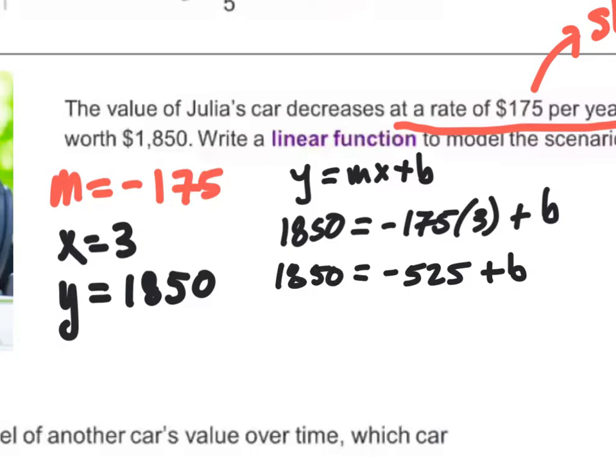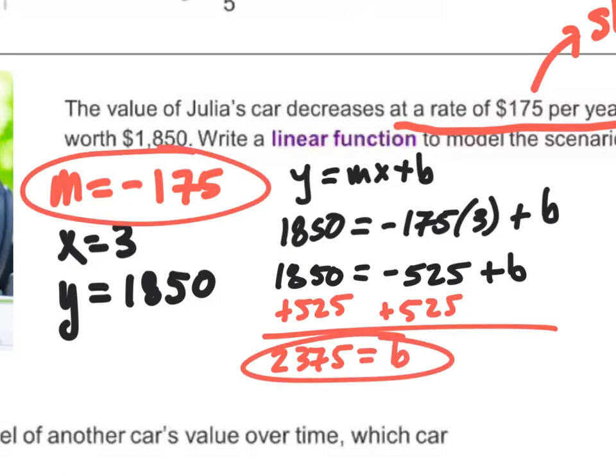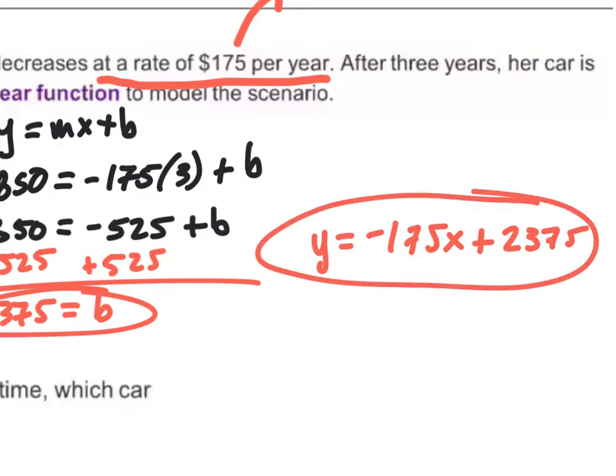So if I add $525 to both sides, 525 plus 1,850, then I get 2,375 is equal to my y-intercept. So I have my y-intercept and my slope, so then I get y equals negative 175x plus 2,375. And this is just my linear function to model the scenario.